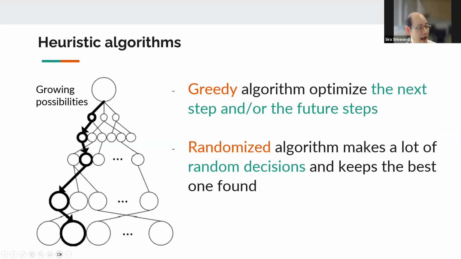But the good news is there are different kinds of algorithms that can be used. And we might see these in different algorithms further down the course. But for multiple sequence alignment, where the possibility of pairing the sequences is growing larger and larger, we can use what's called a greedy algorithm. Greedy, as the English term means, is you being greedy. This algorithm will try to optimize the next step without considering the whole thing.